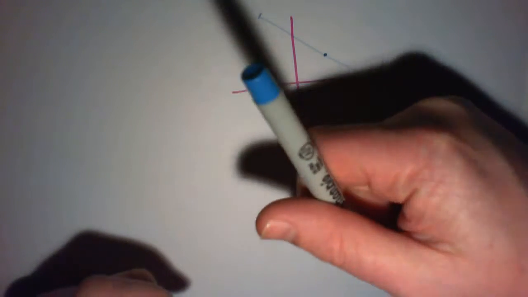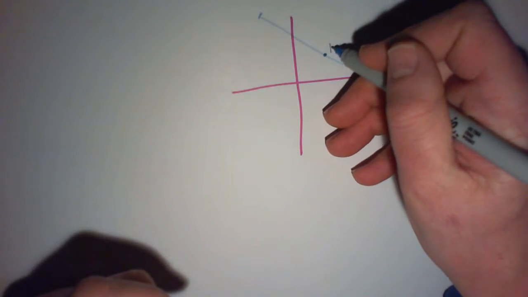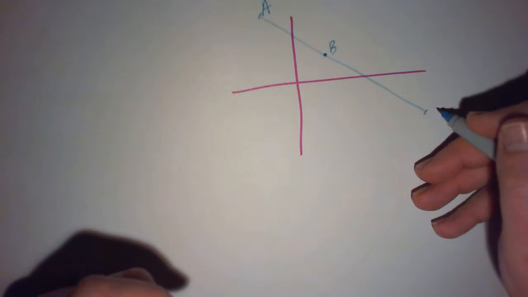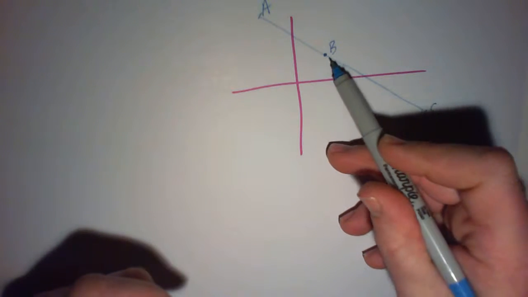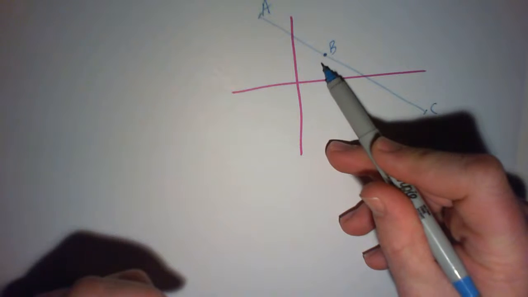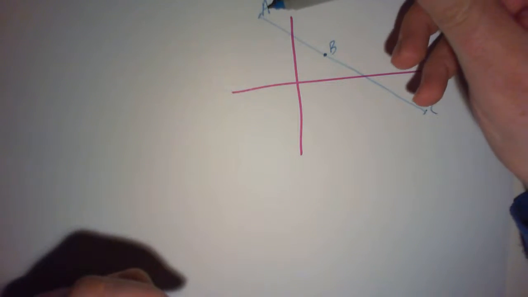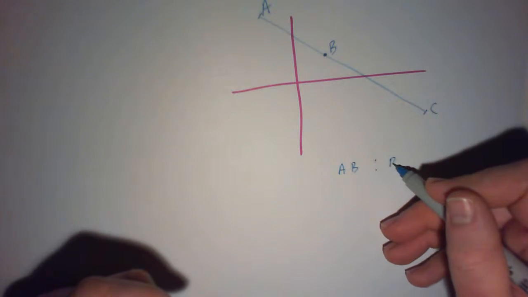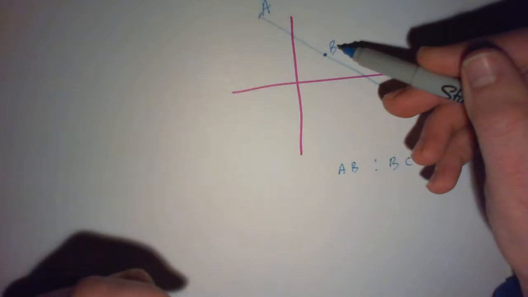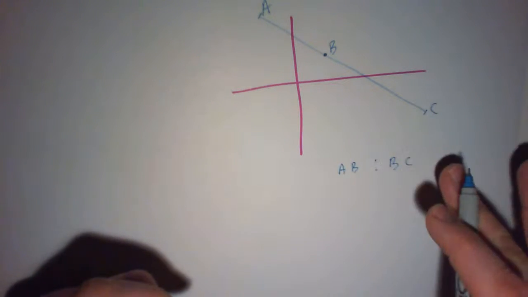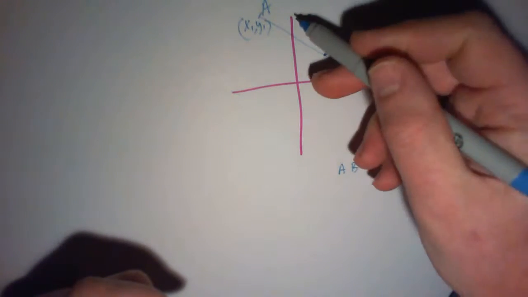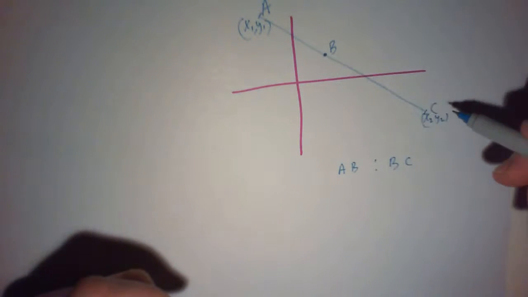Let's say this is the point B, and up here we have the point A, and we have the point C. If I want to find the point B, but I don't know it, but I do know that it splits AC into a ratio, if I know that ratio, I can actually find B. All I need is the coordinates of A, the coordinates of C, and the ratio in which it's been broken up.